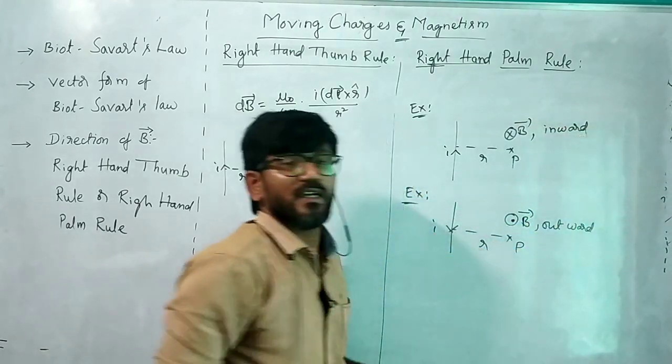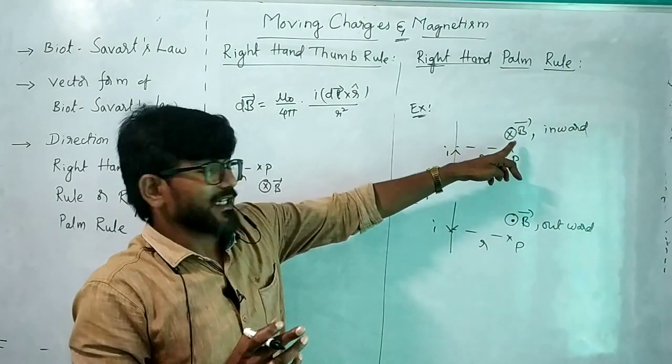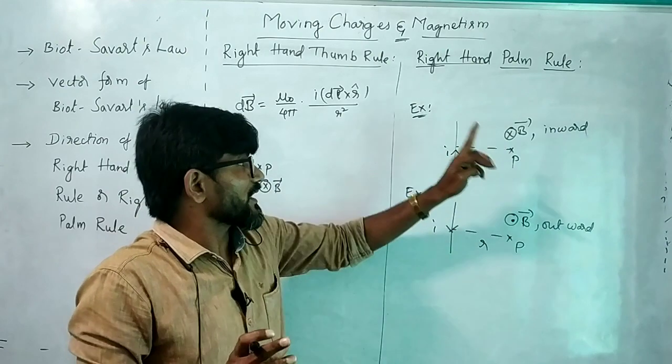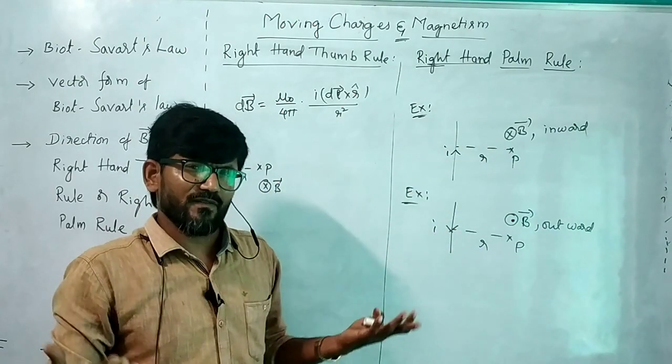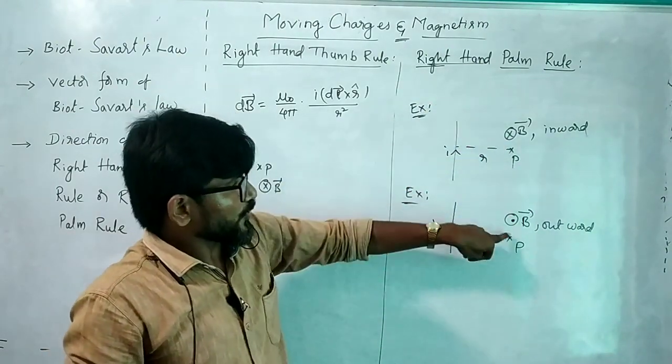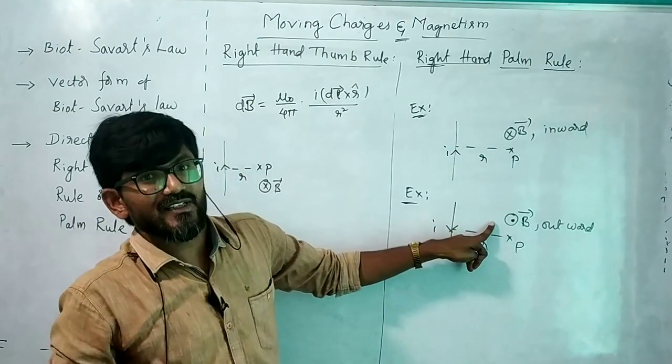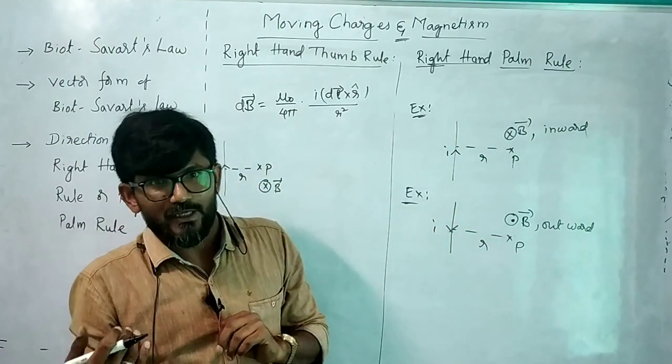You have to remember from here onwards how to represent directions, not only for magnetic field but for current, force, any vector. You can use these notations, cross and dot, to represent into the plane and out of the plane. Okay, fine.